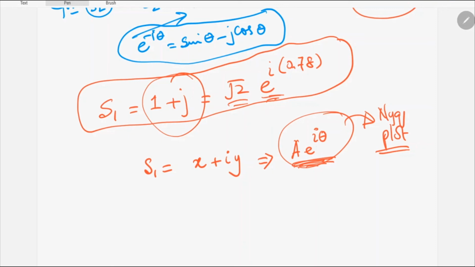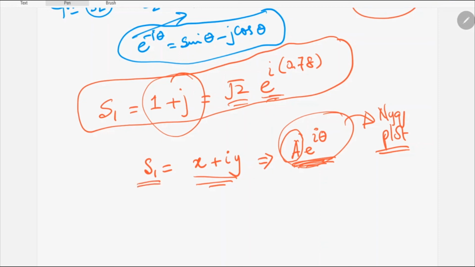Because the magnitude is straight away shown with the help of a, and when this is infinity, a lot of things start to make sense and become intuitive. While in here, finding out the magnitude is a bit difficult, so you have to go through the process of finding the magnitude, and this might become less intuitive. So it just depends on which form you want to use.